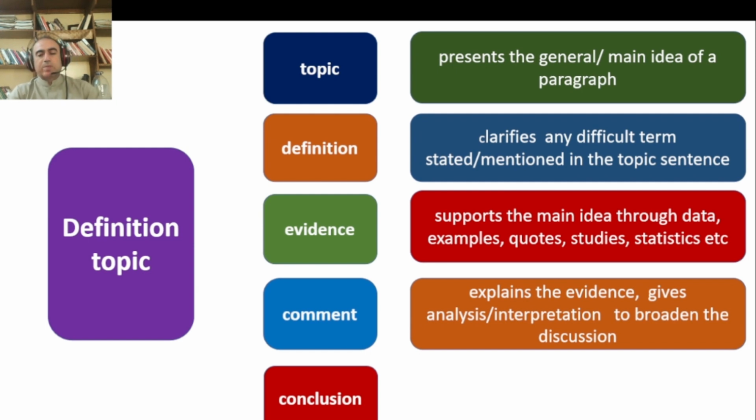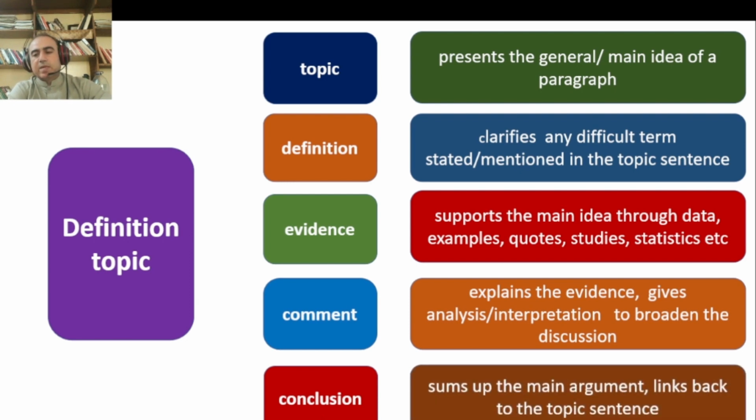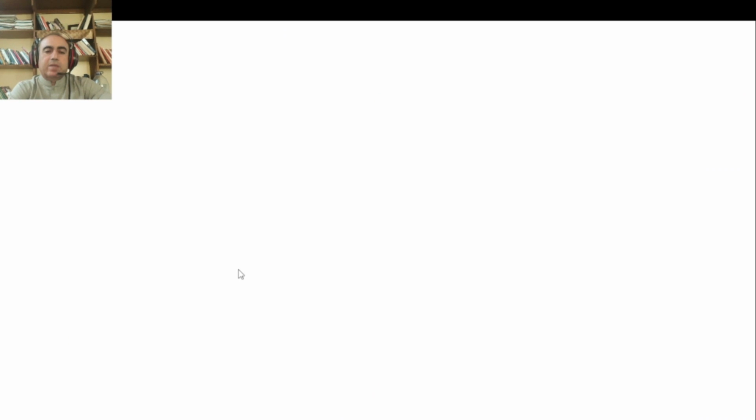So you come up with a broader discussion on that. Comment is broader discussion. It might be talking about pros and cons also, on the basis of evidence you have given earlier. Then you sum up the detail, the main argument in a single sentence at the end. So it involves 5 steps. It is a definition paragraph.